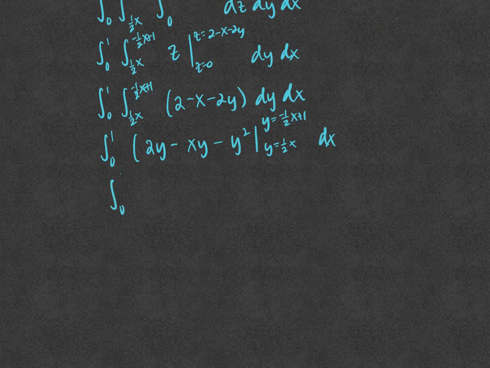So we have the integral from 0 to 1, and we have 2 times y, which I'm going to use a bracket here.